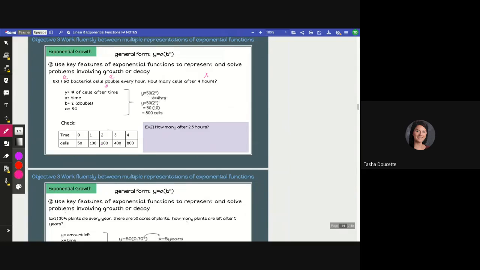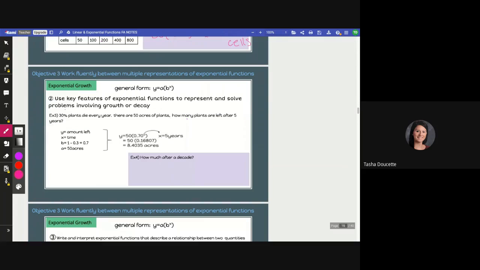So instead of 4 hours, we're going to be plugging in 2.5 there. So we have 50 times 2 to the 2.5 power. And when we multiply that out, we get 282.8 cells. So you already have your equation. You just need to plug in the hours.